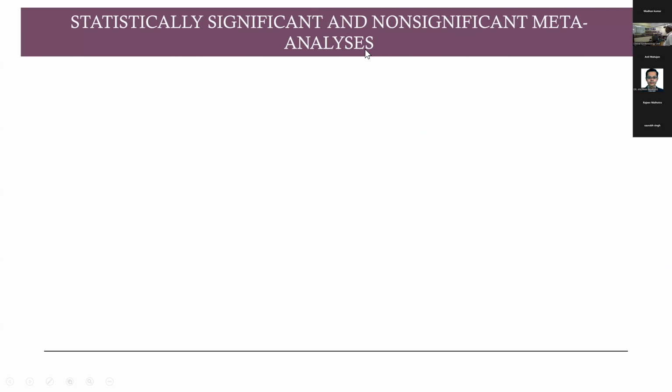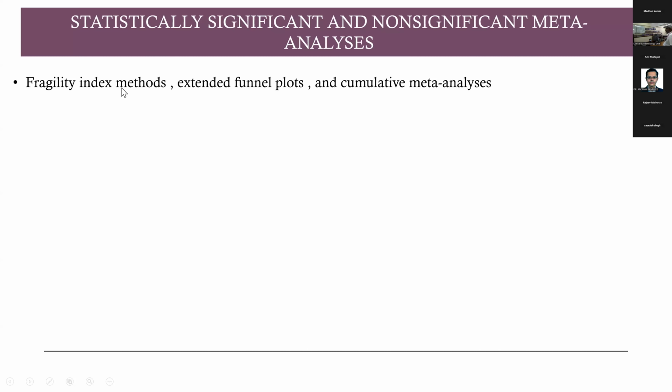Okay. Then suppose I say I don't want to make this choice, I can choose any method I like. Fragility index, extended funnel plot, and cumulative meta-analysis can be used for either. These are methods which are common to both significant as well as non-significant meta-analysis.